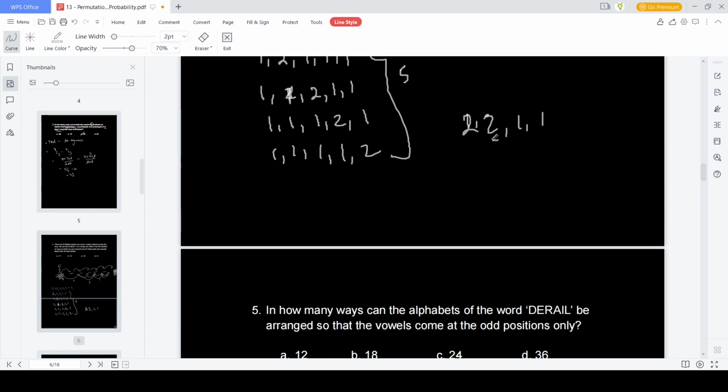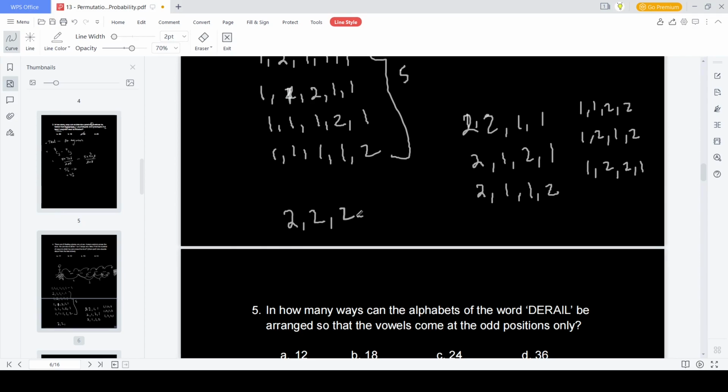These can be rearranged: 2 1 2 1, then 2 1 1 2, then 1 1 2 2, then 1 2 1 2 and 1 2 2 1. So there are 6 possibilities for this, and then one last possibility is 2 2 2.